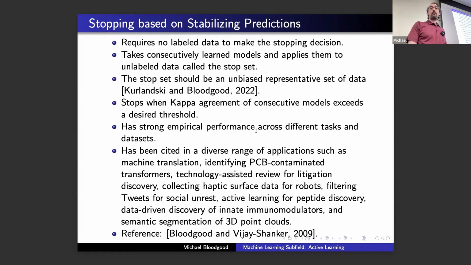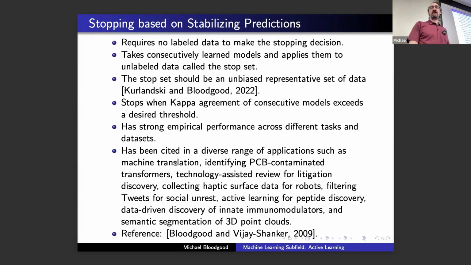It has strong empirical performance across a lot of different tasks and data sets, far more than I ever really thought when I first proposed it. I didn't realize, but it's been cited in a really diverse range of applications. I just put a handful here. I find it kind of fun to see how diverse these applications are.